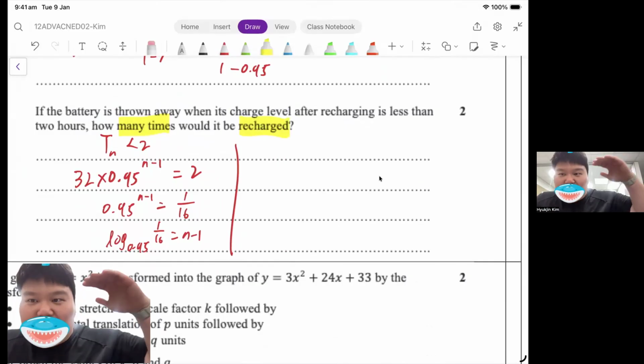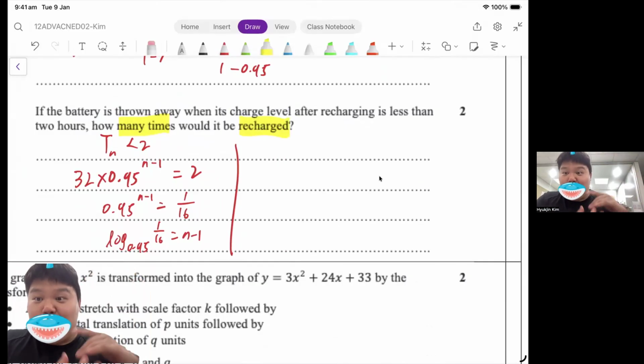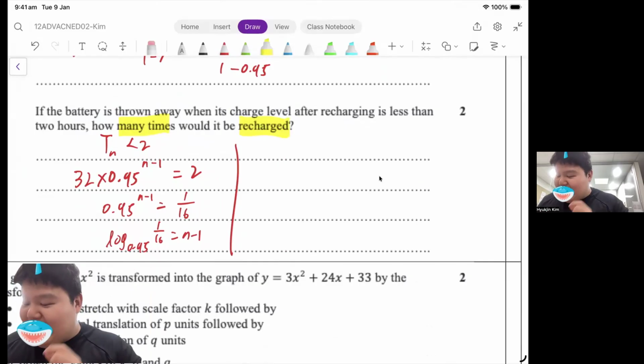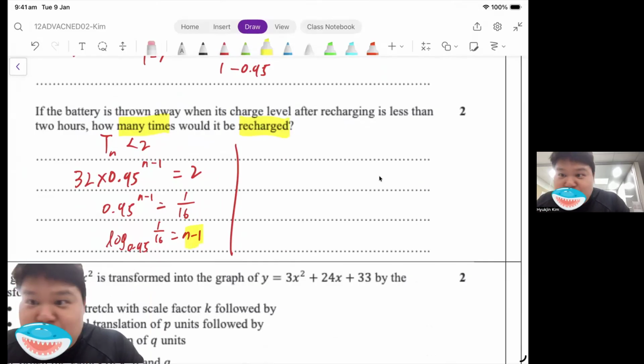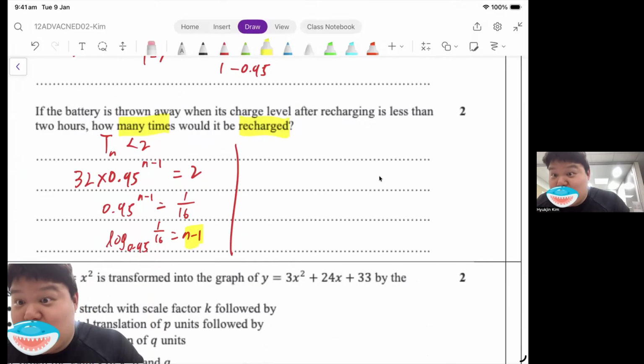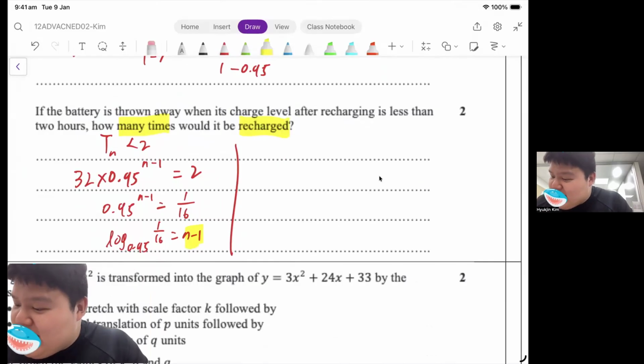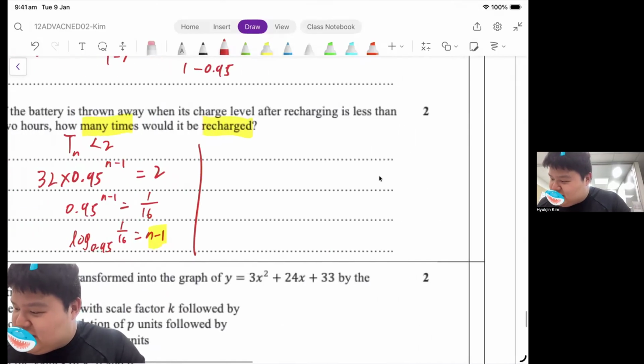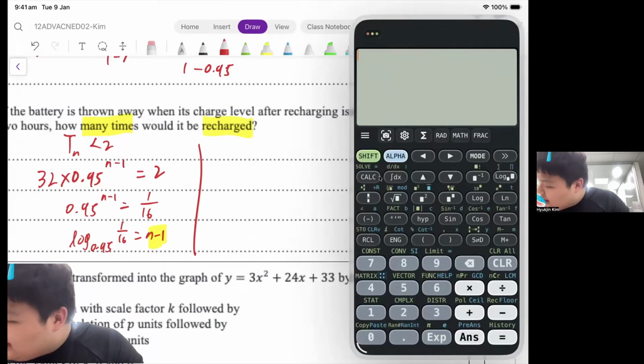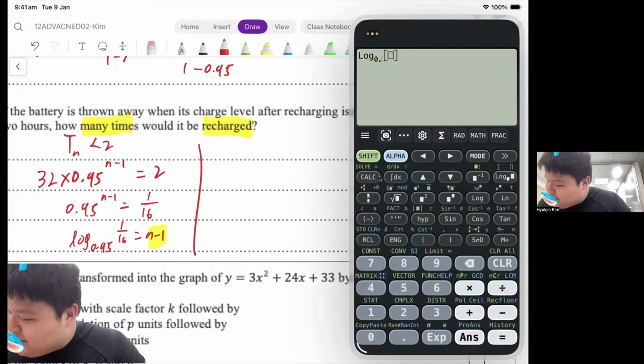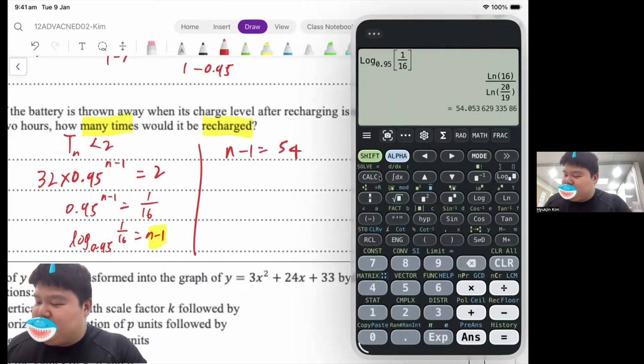Whatever the value of n is, if I just subtract 1, that would be the number of recharges. I can actually just keep it as n minus 1, and that's fine. Life is good. So now you will just need to do log base 0.95 of 1 over 16, and that would be 54 recharges.